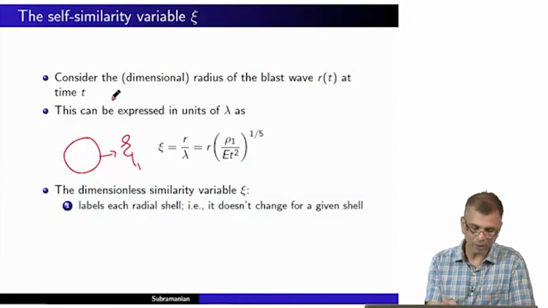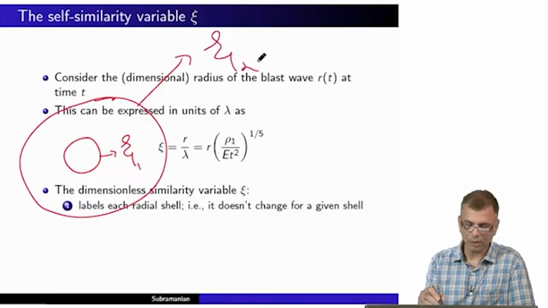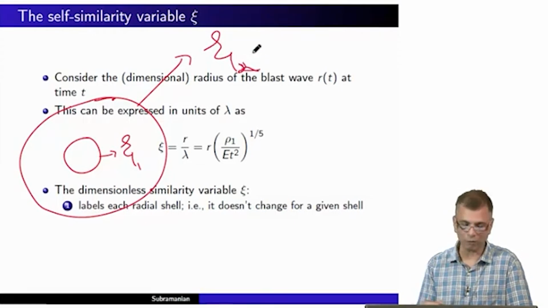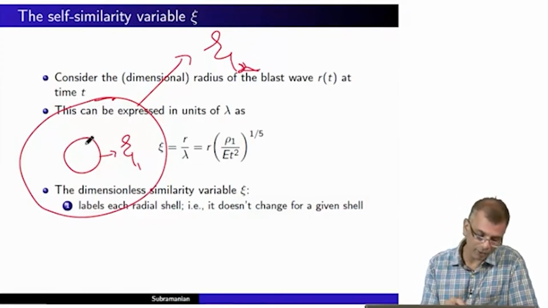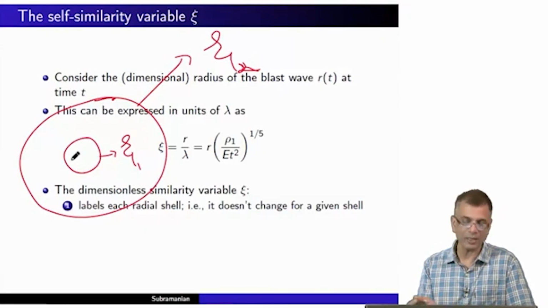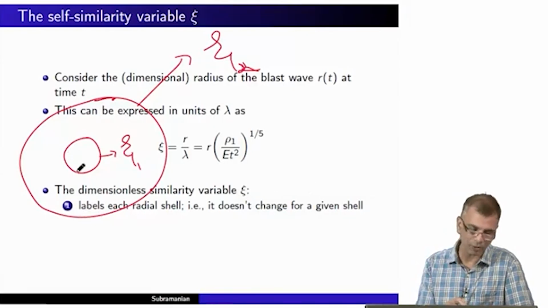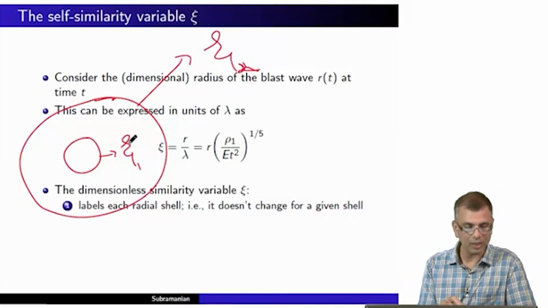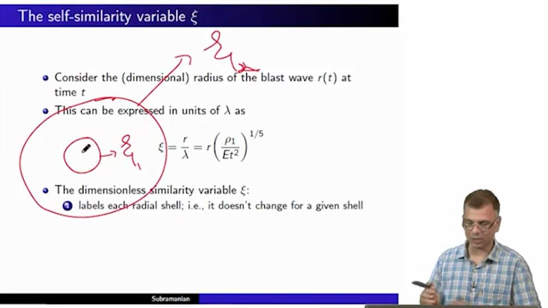After some time, it has expanded like this, and this has another label psi 2, and so on and so forth. As long as I know psi 1, I know everything about the shape of the shock at a certain time, and that is it. So psi essentially labels each radial shell. It does not change for a given shell. All over this shell, I have the same value of psi 1. Psi changes only when the shell changes.